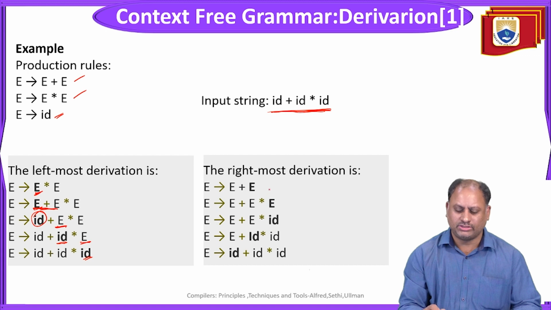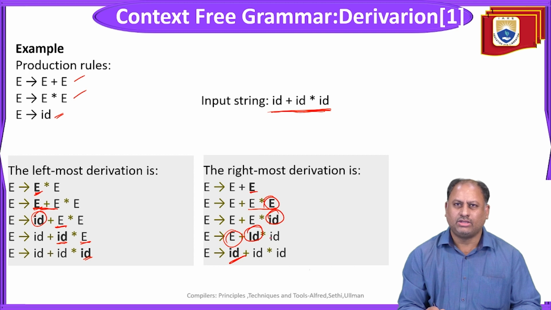Similarly, in the rightmost derivation, we can apply either E plus E or E star E. So we applied E star E, and then in this, the capital E derives ID, and the next rightmost non-terminal E derives ID.